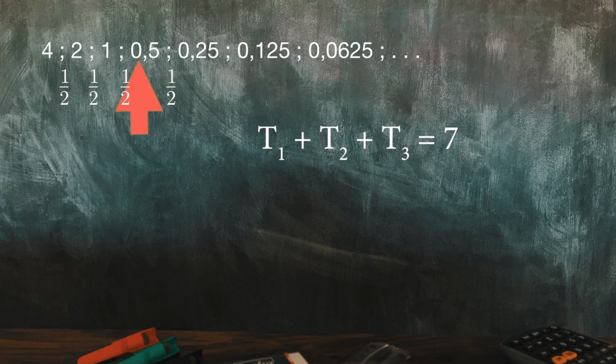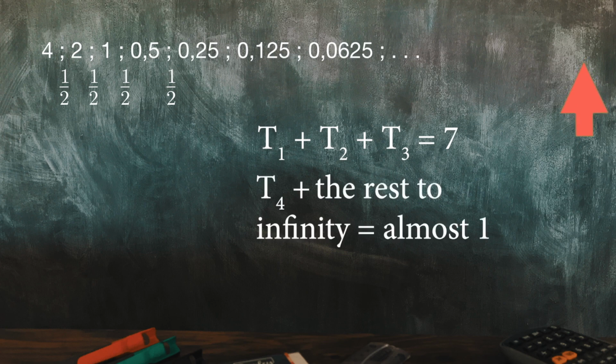If we add up all these fraction terms to infinity, you will never really get a complete 1. You will end up with something like 0,9999999. So we are moving towards 1.